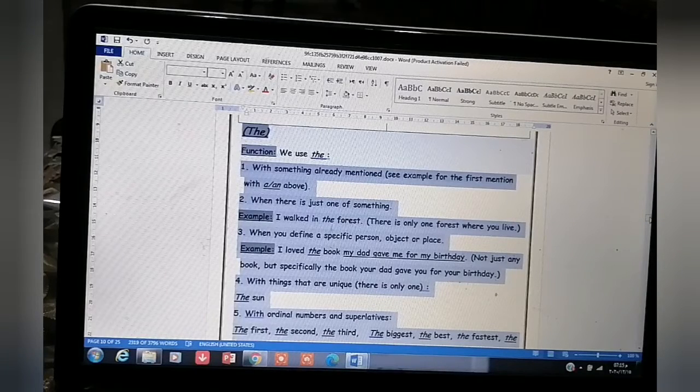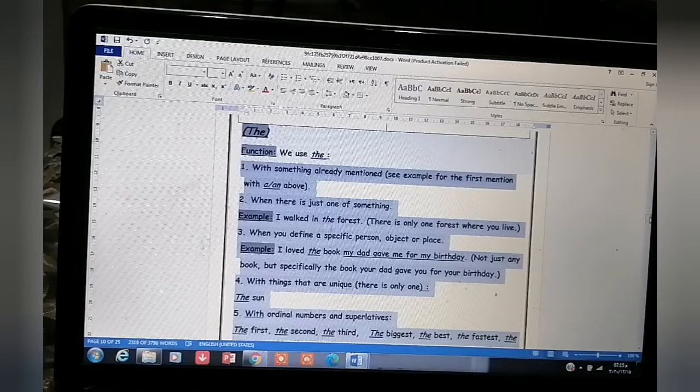Example, I walked in the forest. There is only one forest where you live. Number 3, when you define a specific person, object, or place. Example, I loved the book my dad gave me for my birthday. Not just any book, but specifically the book your dad gave you for your birthday.